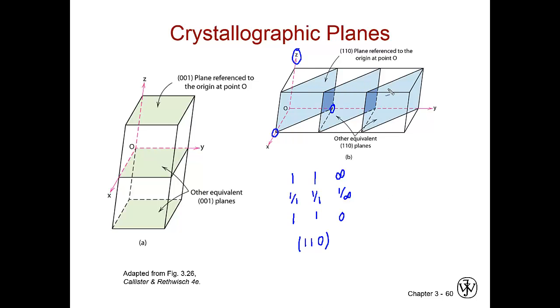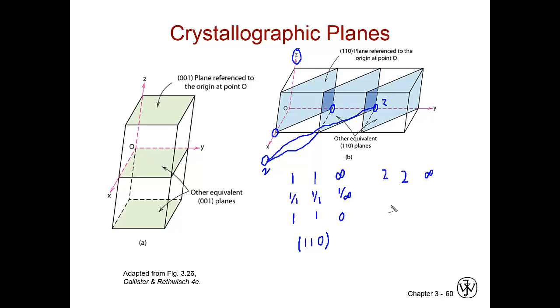And each of these are also equivalent. You could say that this would end up being a y-intercept of 2, but then this would go all the way over here to x and intercept x at 2. So let's see if I can make that a little better. Okay, y is 2, x is 2, so we would end up with 2, 2, and then it would still be parallel to z. This plane's parallel to z.